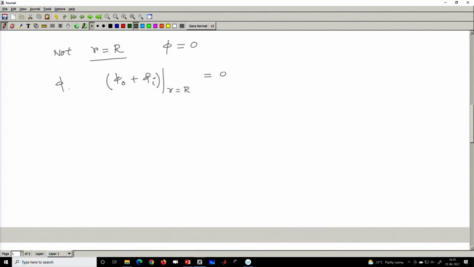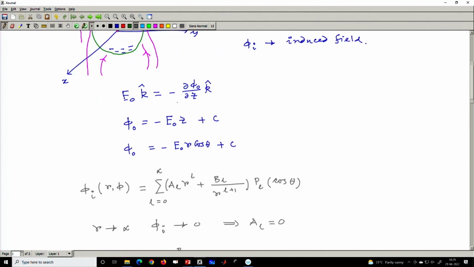What is my phi 0? It is minus E 0 r cos theta plus c.